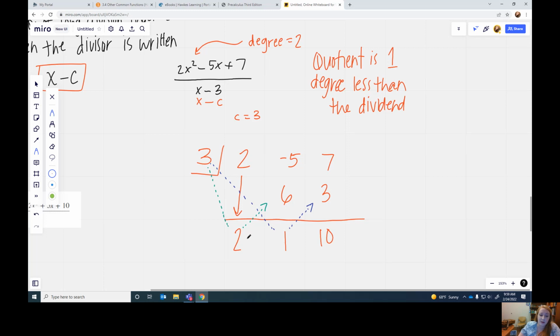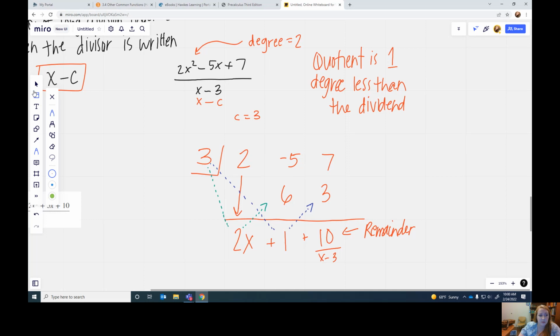So now we start filling in our variables. That's x to the first power. We don't need to write that first power; you can leave it off. This is a positive 1. And then this last number out here is always your remainder. So that's going to be plus 10 over our original divisor, which was x minus 3.